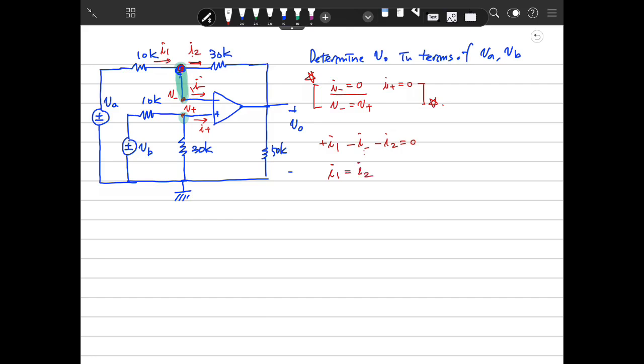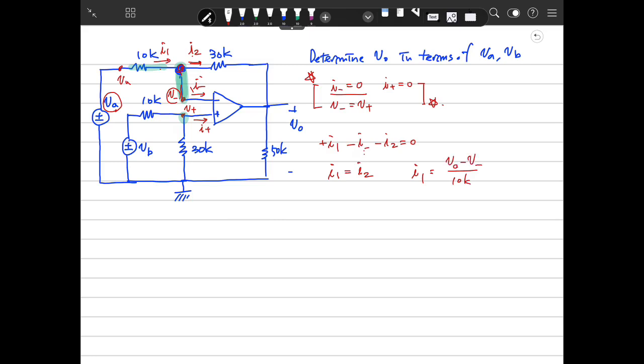What is I1? I1 is the current here, and this node voltage is VA, and this point is V minus. So that is VA minus V minus over 10 kilo ohm.